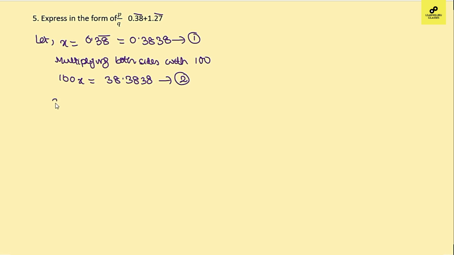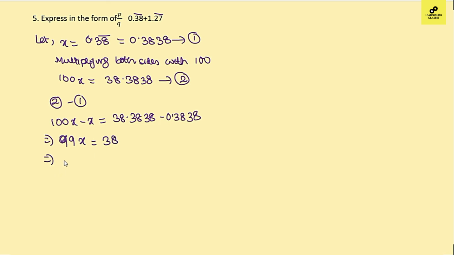So 2 minus 1, 100x minus x, 38.3838 minus 0.3838. So this comes as 99x equals 38. So x comes as 38 by 99.